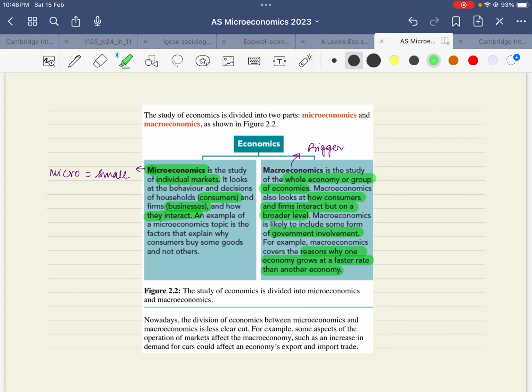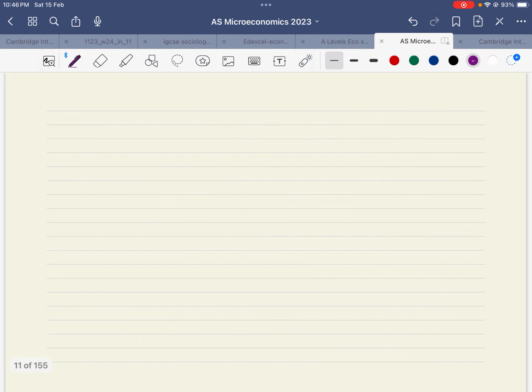So, microeconomics focuses on individual markets for goods and services. Let's write it down. So, we will write micro, then here we have macro. So, the focus is individual markets for goods and services, right?